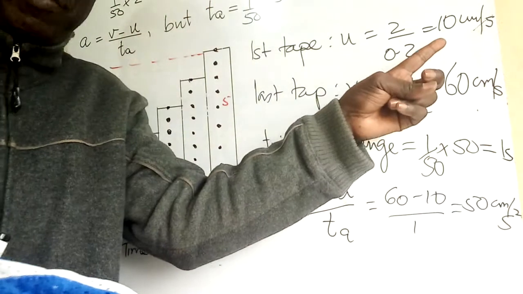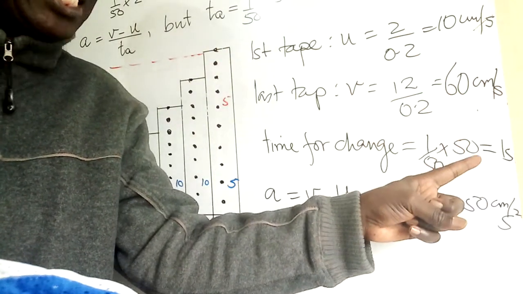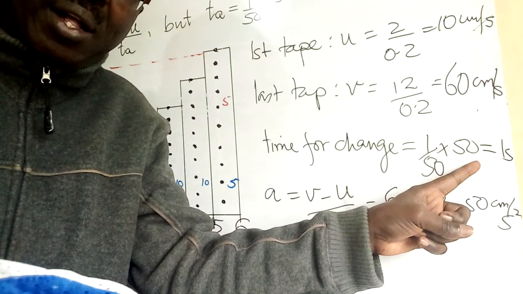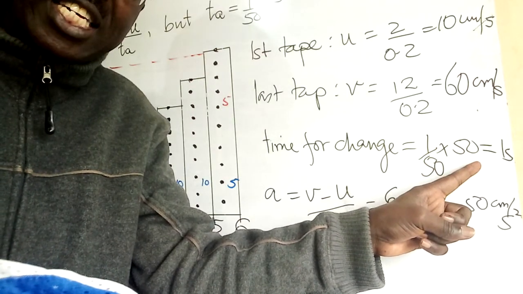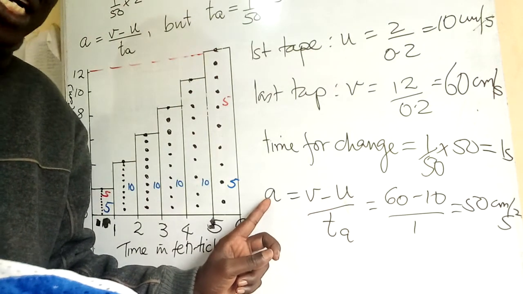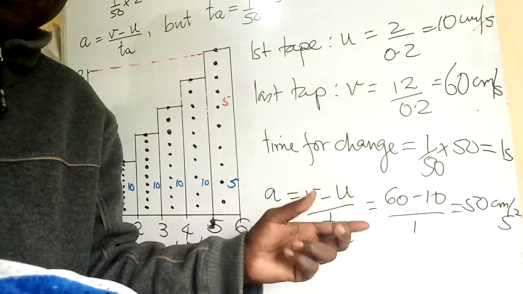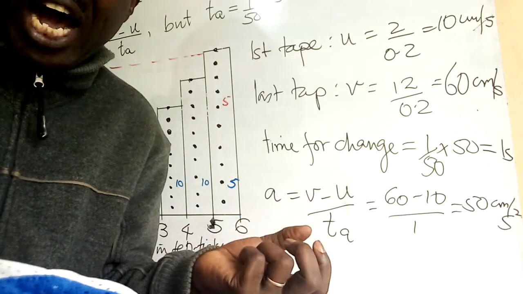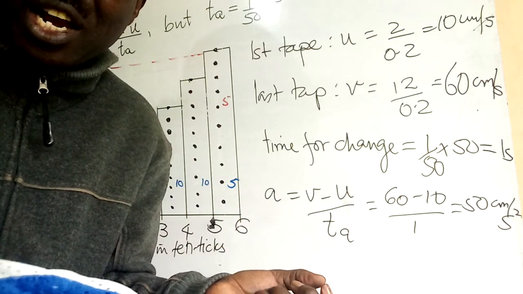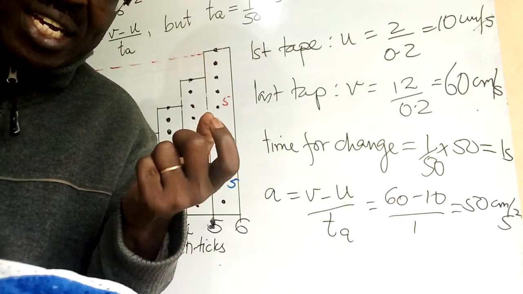Now I have 3 major components: U, V, and T_A. Time for velocity change, I'm symbolizing it as T_A. So come here. Acceleration is equal to V minus U over T_A. This top can also be asked, what is the change in speed or change in velocity? Remember, you answer it.